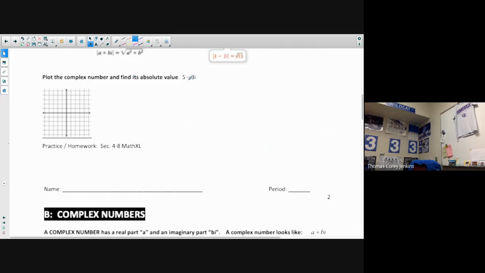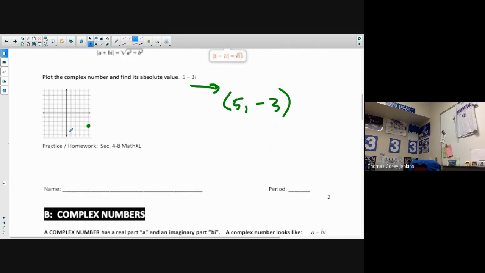If I'm going to plot this, it's just like the ordered pair 5, -3. So that'd be 1, 2, 3, 4, 5 to the right, and 1, 2, 3 down. In other words, this is my real number axis. This is my imaginary number axis. Together, they make a complex number.